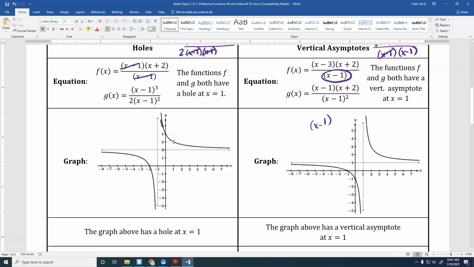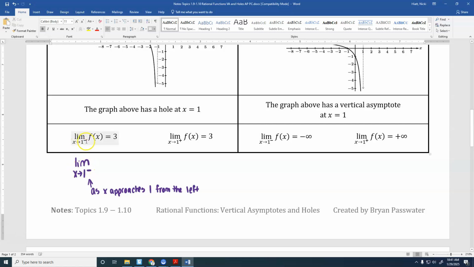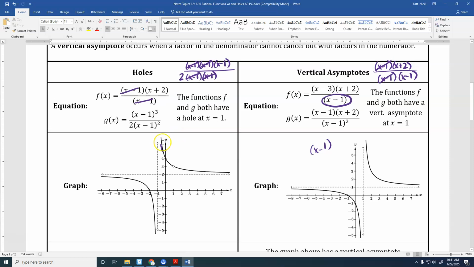At 1, the function is not 3 because there's a hole in the graph. But I'm going to that point, I just never get there. So a limit doesn't have to be a place where you have a closed circle. You are approaching 3. So the limit as x approaches 1 from the left of f of x equals 3.